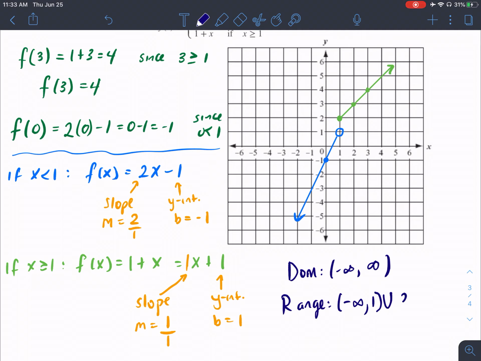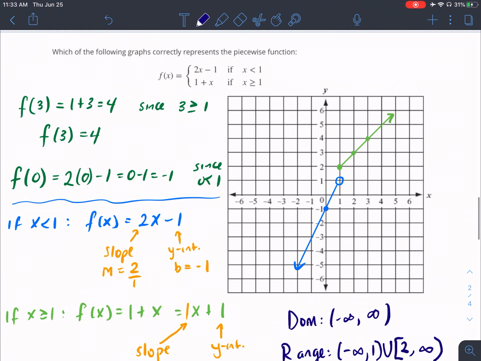So I'm going to start at 2 again, but 2 is included, so I put a square bracket. So remember that the union is used to group up the intervals together. And then there's no biggest y value after that. So I'm going to write up to positive infinity, like this. And remember, you never include infinity. So that would be the domain and range of this function. So even though it has two separate parts, it's really just one big graph of one function. All right? Thank you.